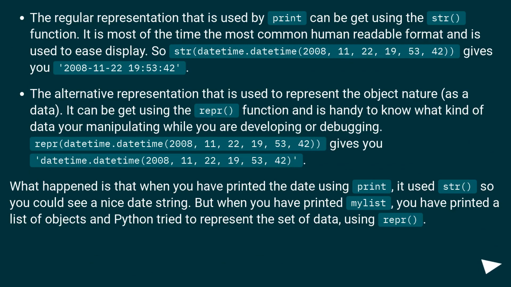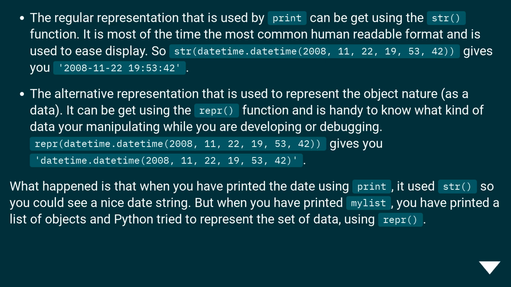It is most of the time the most common human-readable format and is used to ease display. So str(datetime(2008, 11, 22, 19, 53, 42)) gives you November 22nd, 2008 19:53:42.